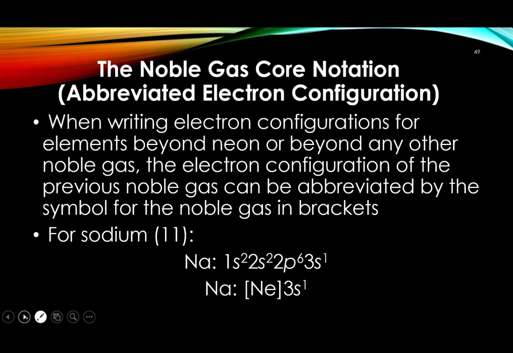Now, how do we write the noble gas core notation or shorthand? Sometimes rather than writing the whole electronic configuration, we're going to use a noble gas shorthand. And to do so, we always look at the noble gas or inert gas that's before the element.